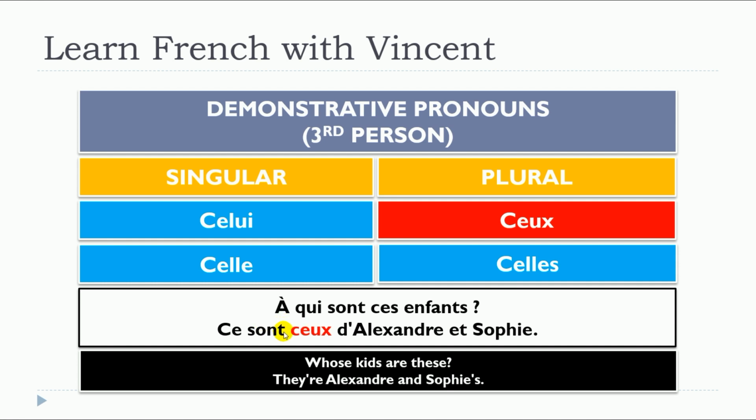We keep the same structure, ceux. Then after that, we put the preposition de. But obviously, the e will have to go away because the next letter is a vowel, Alexandre, so that's the reason why you will have d'Alexandre. Ce sont ceux d'Alexandre et Sophie. À qui sont ces enfants? Ce sont ceux d'Alexandre et Sophie.